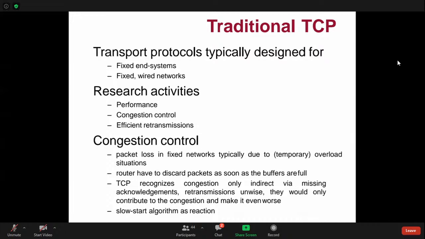Retransmissions only contribute to the congestion and make it even worse. This can be controlled with one solution.